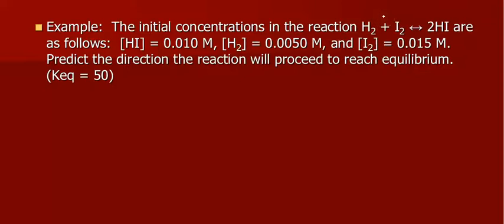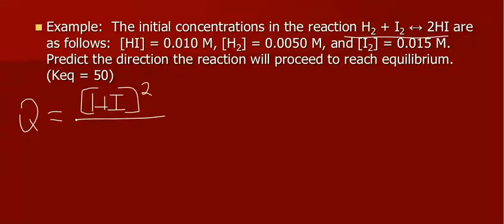The question is, predict the direction the reaction will proceed in order to reach equilibrium. So I need to solve for Q. Q is equal to, go back to my balanced equation up here, products, HI squared, divided by reactants, which are H2 and I2. So plug in the numbers.